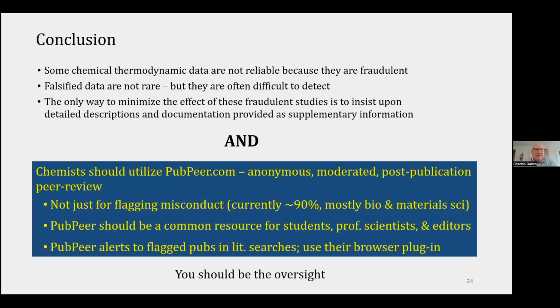So this is my conclusion. And the bottom line here is that if you see some funky thermodynamic data, there's a chance that it's not just bad, it's just not what the author claimed it was. And, you know, I showed at the very beginning that there were 70 chemistry papers retracted in 1 year because they were falsified, and that gave you a number of 0.04%.